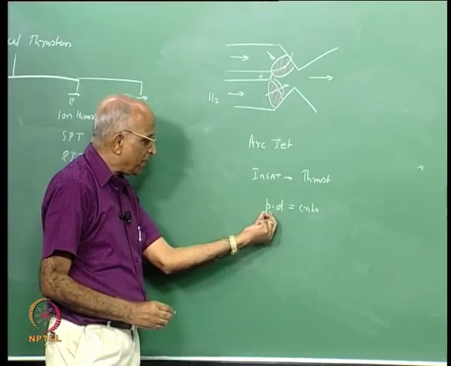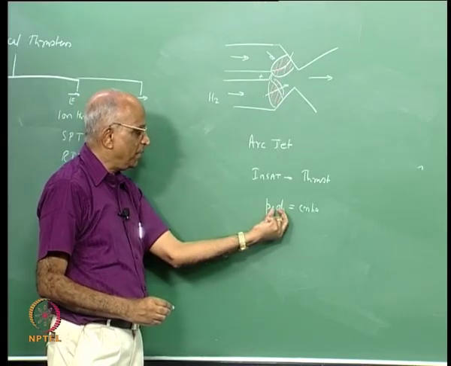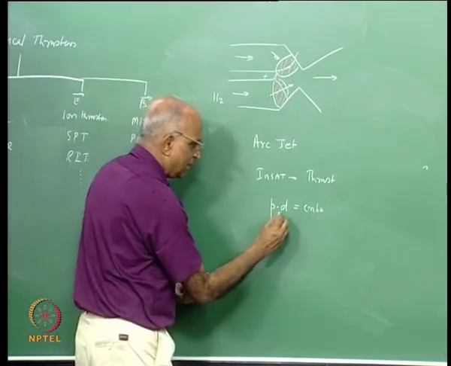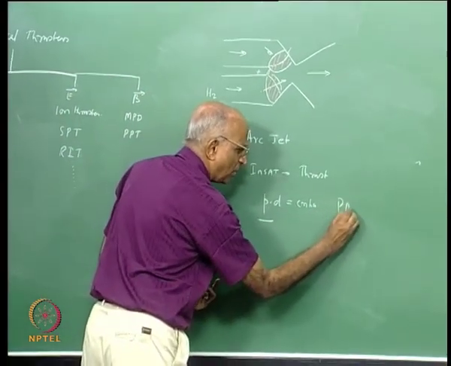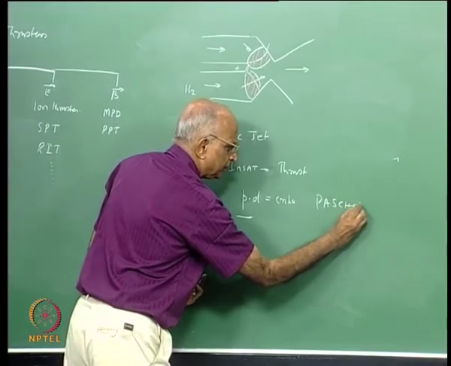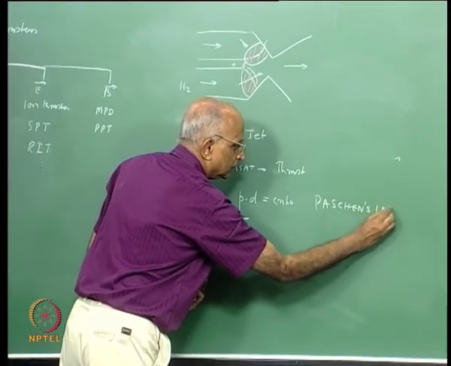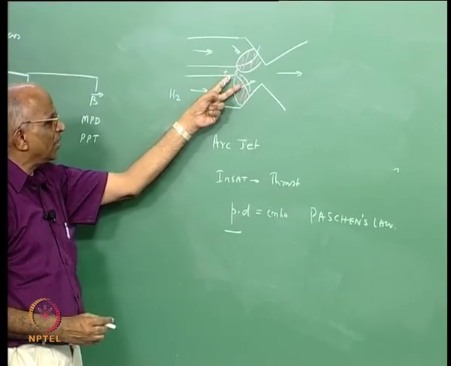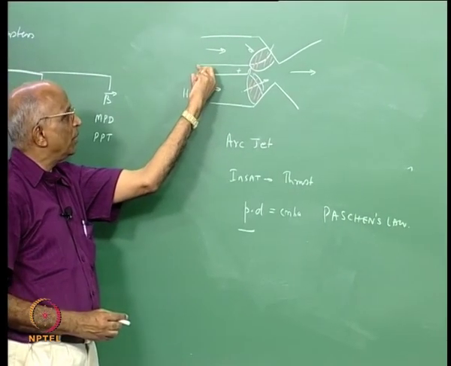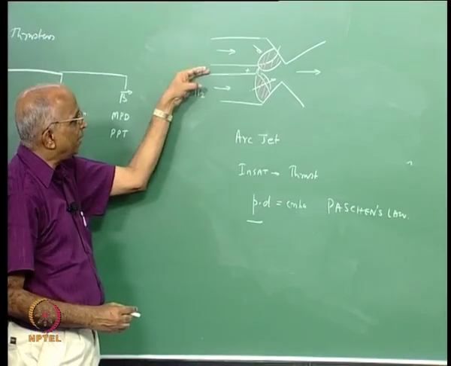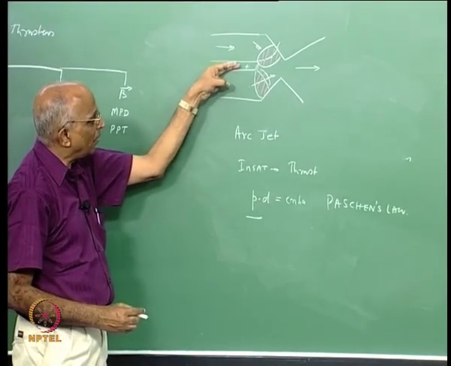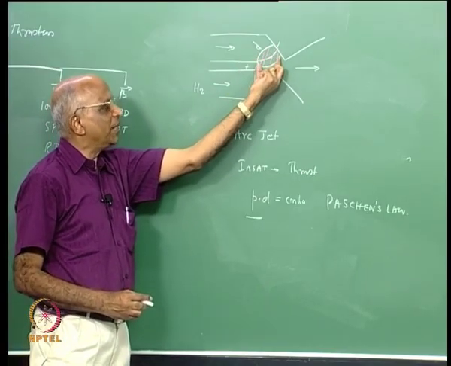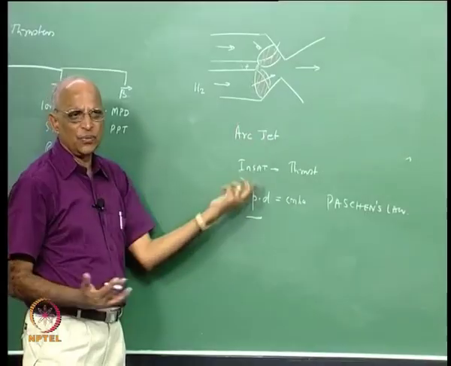The product of pressure and distance defines when an electrical arc can be formed, and this is what is known as Paschen's law. Some people make use of this for starting a thruster, others maybe mount this in a gear train and advance this up and down, strike an arc at a low distance and then bring it to equilibrium and still maintain an arc, and therefore this is how an arcjet works.